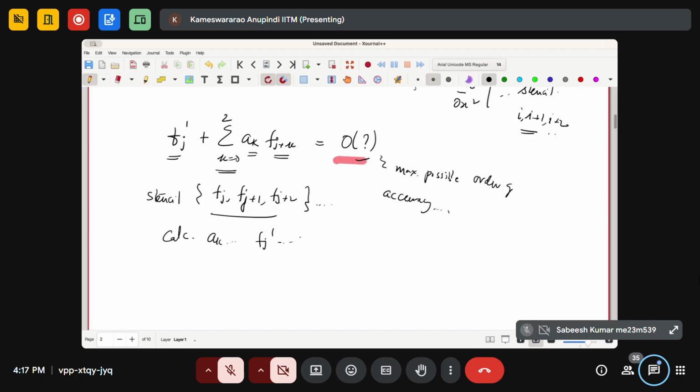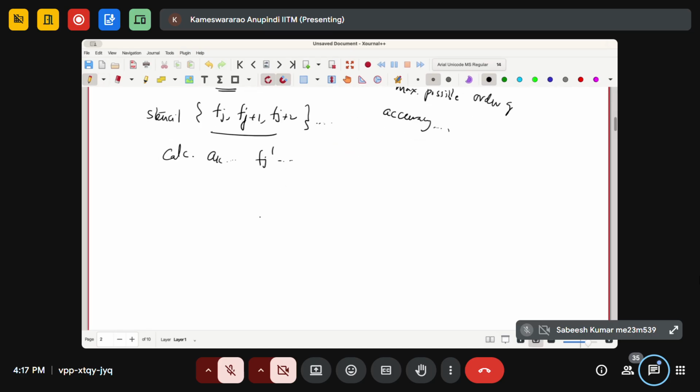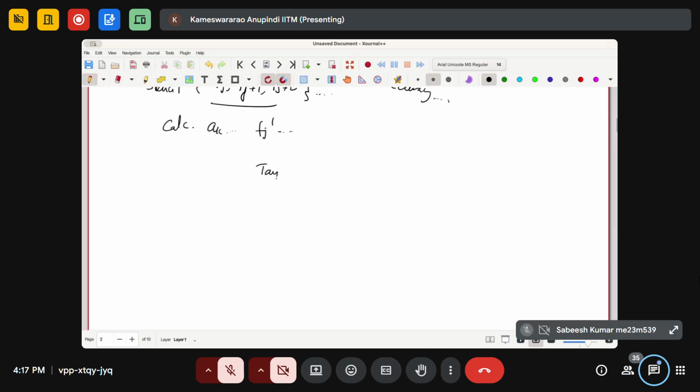Okay. So then I'm going to write this. Let me write a Taylor table here. It contains some rows: f_j prime, f_j double prime, f_j triple prime. When I say f_j prime, this is partial f by partial x at j. We know that this is the same convention, and we're going to denote that my grid has h as the spacing.